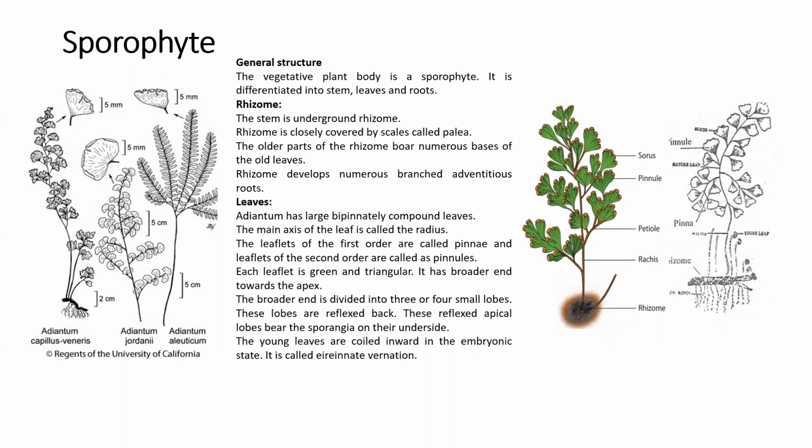Adiantum has large bipinnately compound leaves which are attached to the main axis of the leaf, that is known as rachis. The first order leaflets are known as pinna, and the leaflets of the second order are called pinnules.